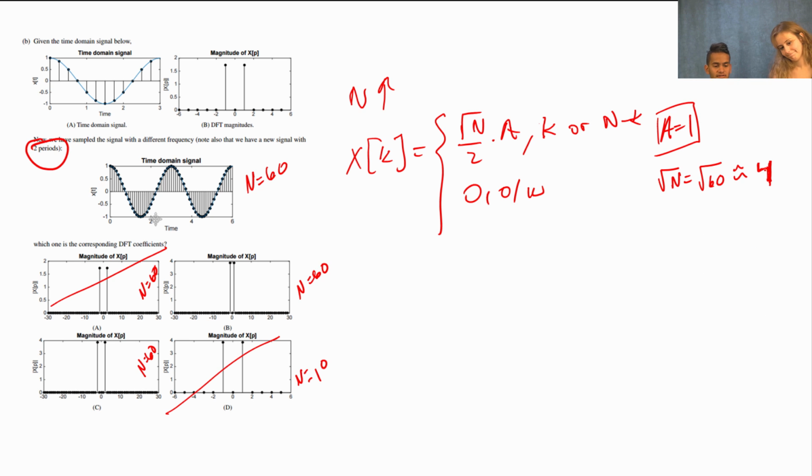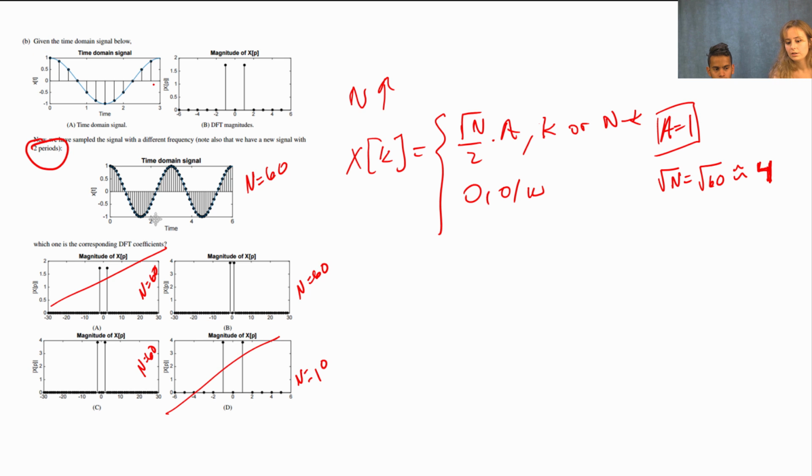And the last part that we have to do is figure out what the actual frequency is, right? So my way of doing it is essentially Sovin's way, but more like a hacky way. If you count the number of periods that you see in your sample, that corresponds to the k that is going to be non-zero.